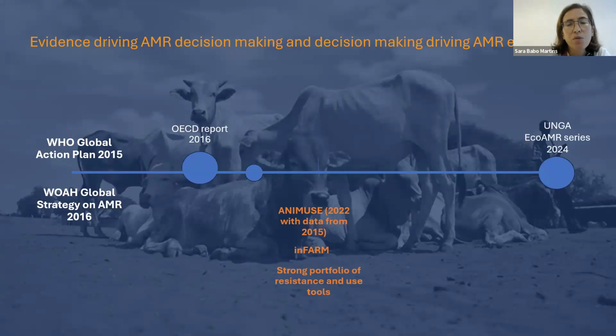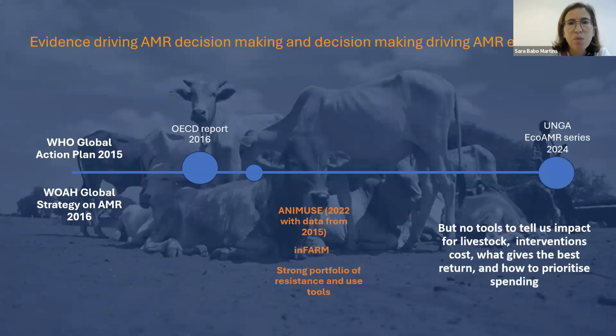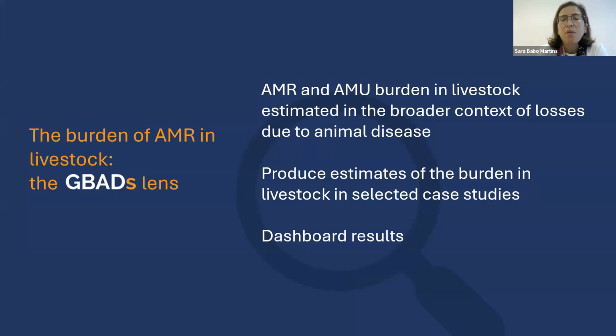We also have a growing body of evidence on the economic impact, although still lagging behind human health. But we don't have any tools that help us assess both impact from livestock, intervention costs, what gives us the best return on that investment, or how to prioritize that spending. So that's the evidence gap that we know exists and where our project sits.